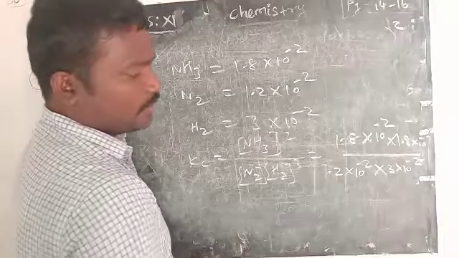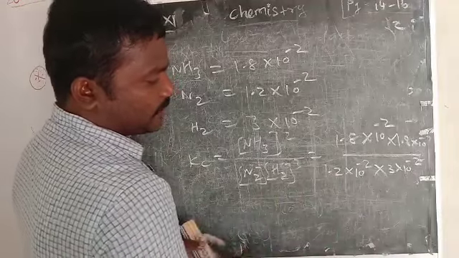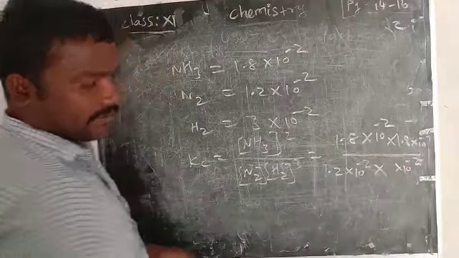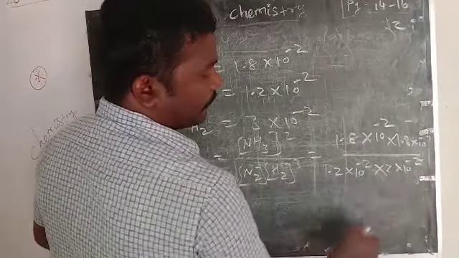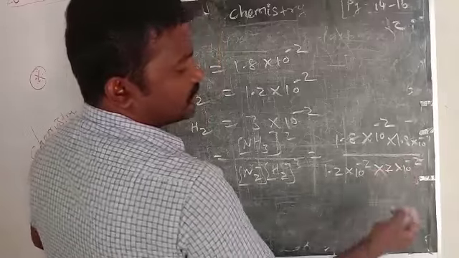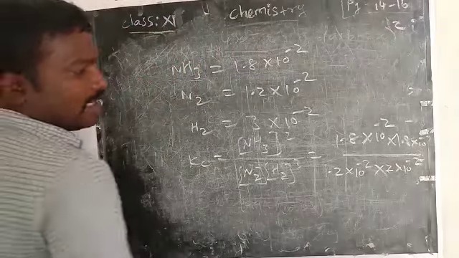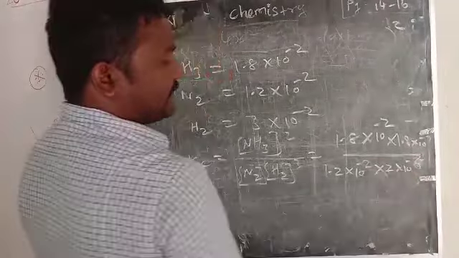So 3 times you should write. I don't have space, so I am writing 3 into 3 is 9, 9 into 3 is 27. So 3 times of 10 power minus 2 becomes 10 power minus 6.